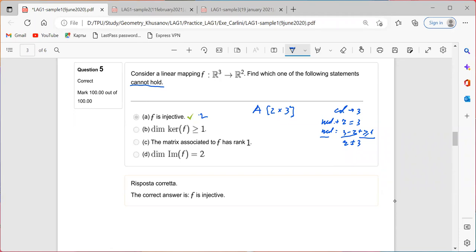Dimension of column space, dimension of row space, always equal to rank. Rank will be equal to 2 or 1 in this situation. So maybe yes, maybe no here, D. And only in statement A can we exactly say that it will be wrong.